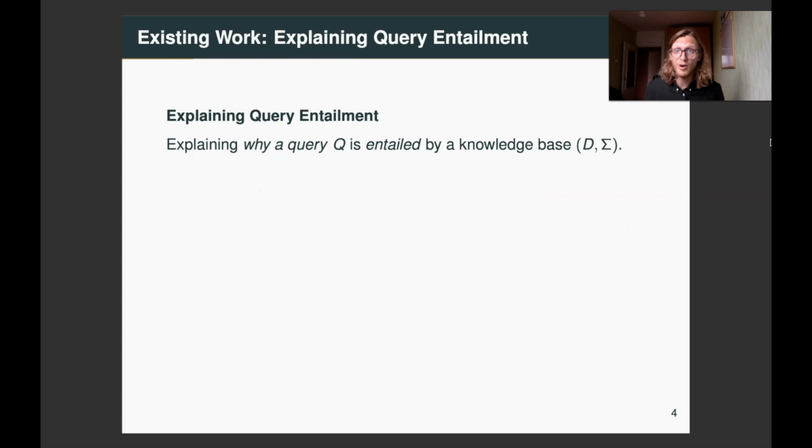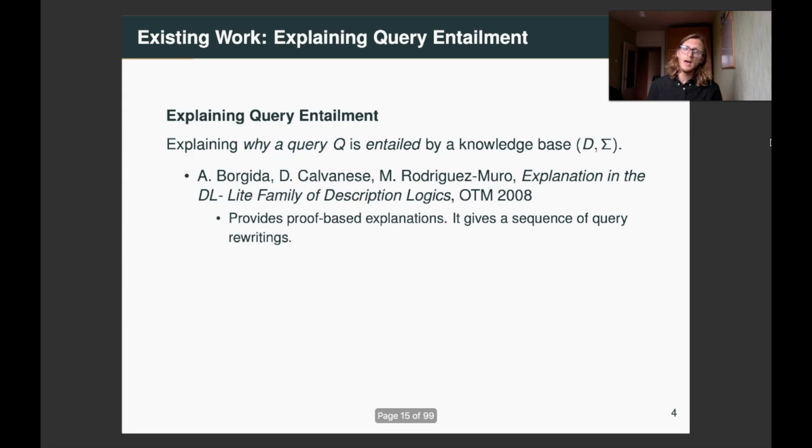Now we move on to our object of study, that is explaining query entailment. That is, why a particular query is entailed by a given knowledge base. The earliest works in this domain concentrated on description logics and providing proof-based explanations, that is, a series of query rewritings.